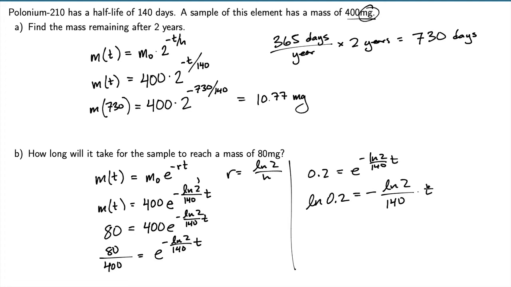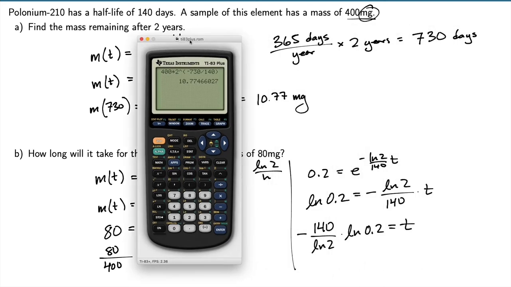And now to get t, I just need to multiply by the reciprocal of this fraction, and still negative. So negative 140 over the natural log of 2 times the natural log of 0.2 equals t. So now we're ready to plug this into our calculator.